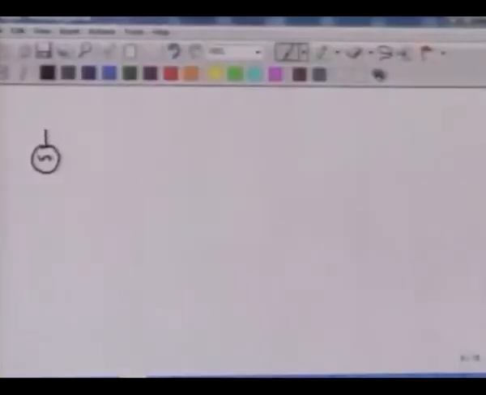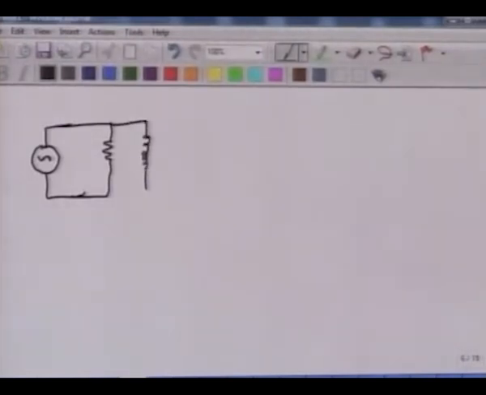We will do one more example. Here we have the same voltage source. I have an external resistance which is connected also to an external inductor. This is resistance, this is inductance, this is the voltage source.